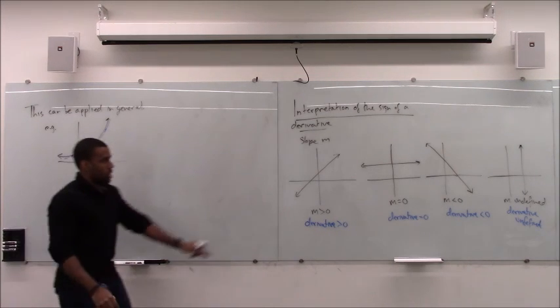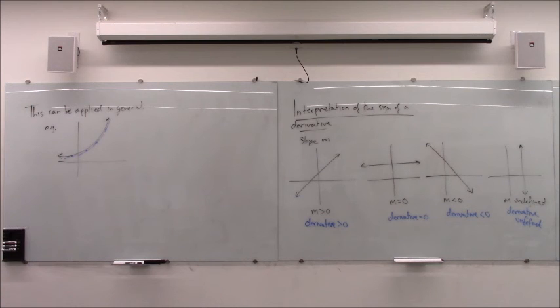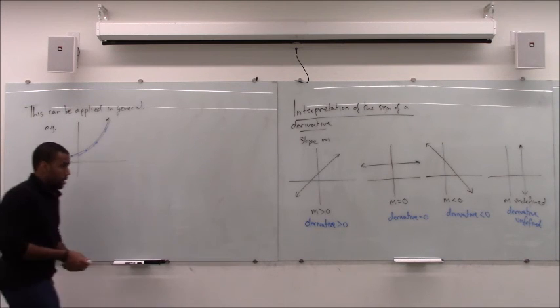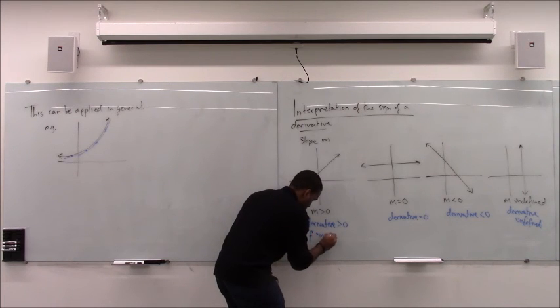Notice that it's pointing up with a positive slope, and whenever a function is having this sort of behavior, moving up as you go from left to right, we would call it increasing.